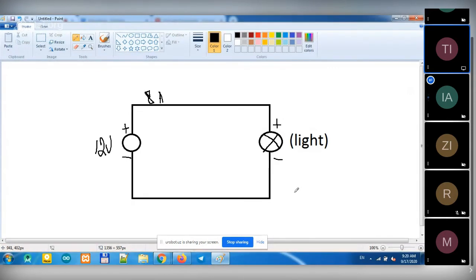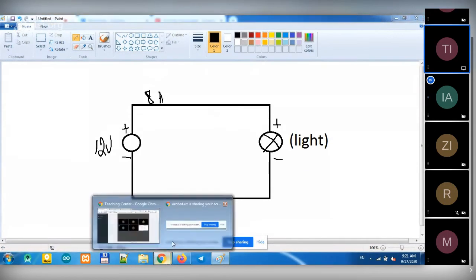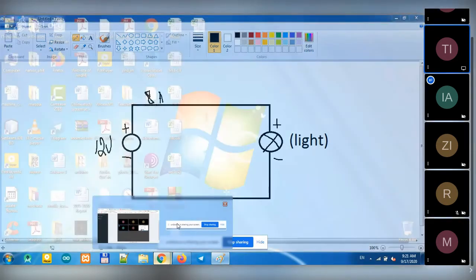If you connect the correct way, the light must be on. Clear? Okay. Let's see.